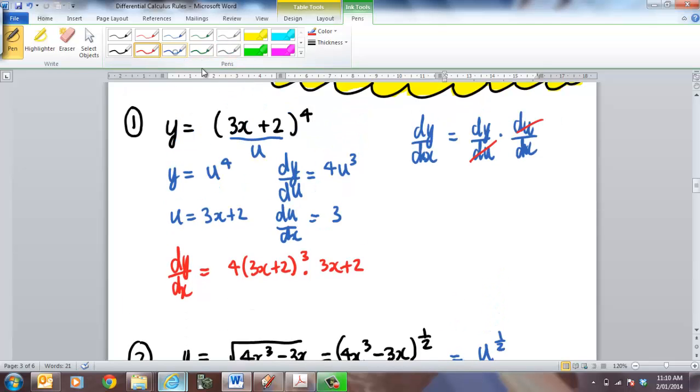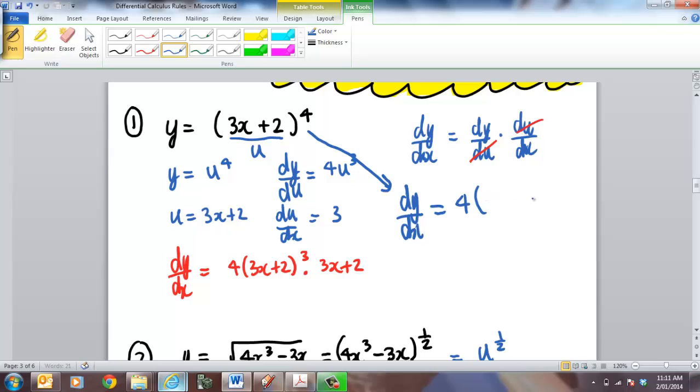When I'm doing this function and I want to work out my derivative, my dy/dx, I think of that as being the bracket. I don't do anything with the bracket, I just go 4. And then I don't even think about what's in the bracket, and I go 3. And then I differentiate what's inside the bracket. So it'll be 3x plus 2, and then I differentiate that, that's going to be 3.